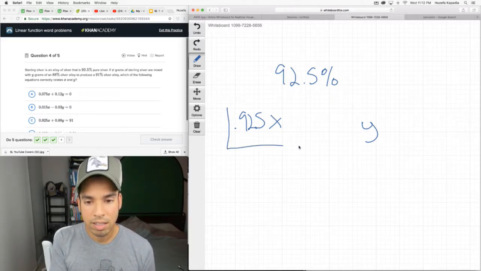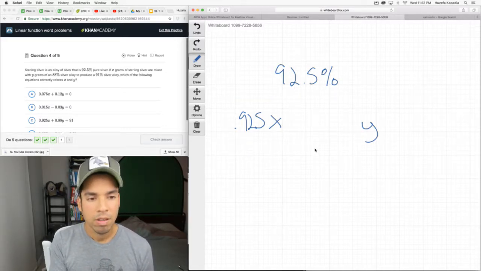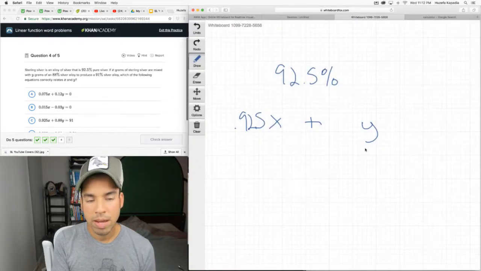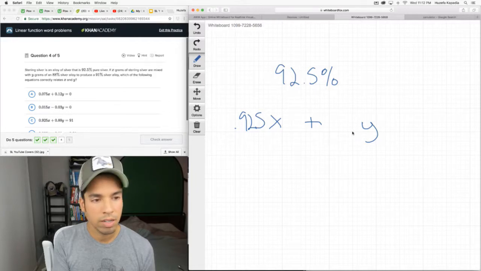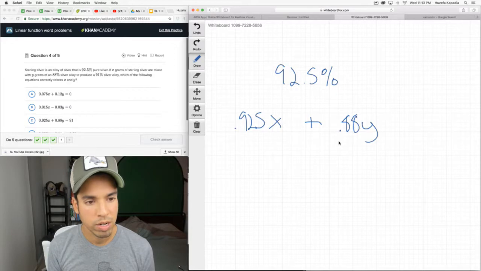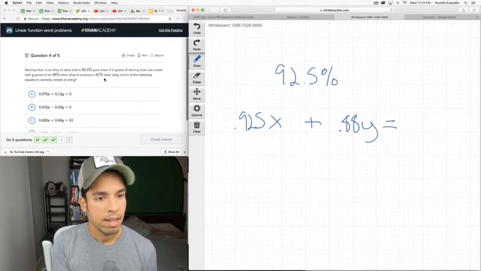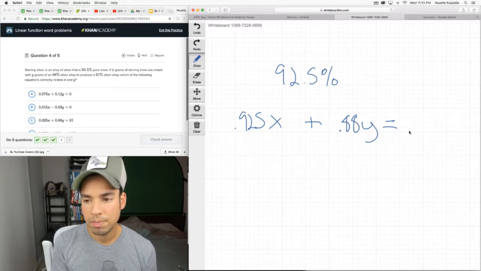So this is telling me how much silver is there. Then I'm adding it to a certain amount of silver in this other guy, in Y. How much silver is there in Y? 88%. So I multiply by 0.88 to produce a 91% silver alloy.